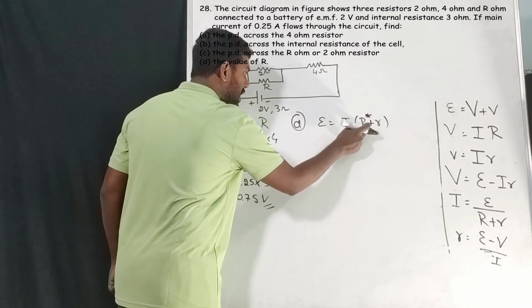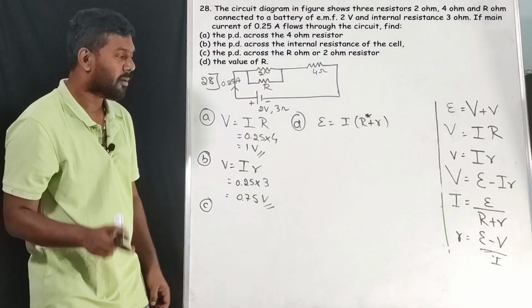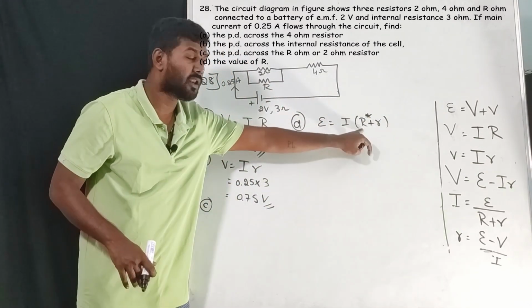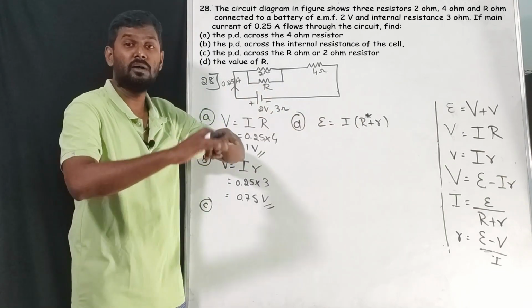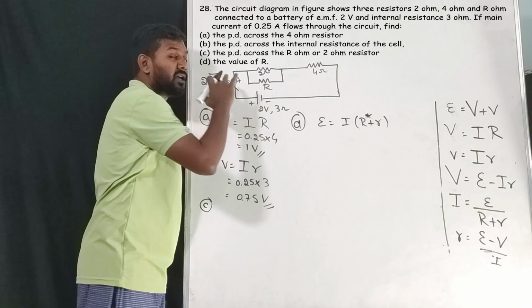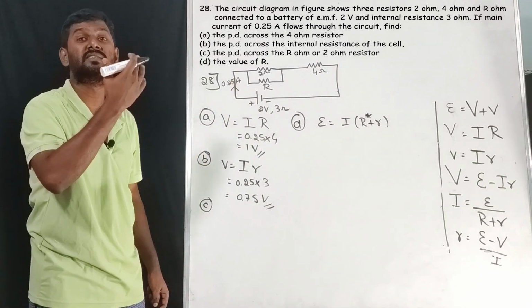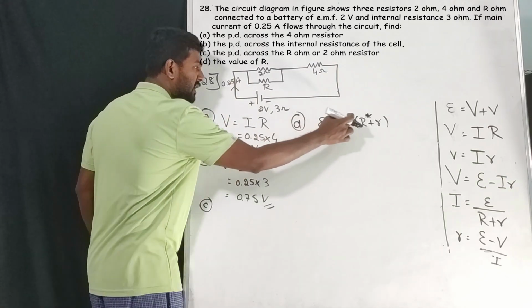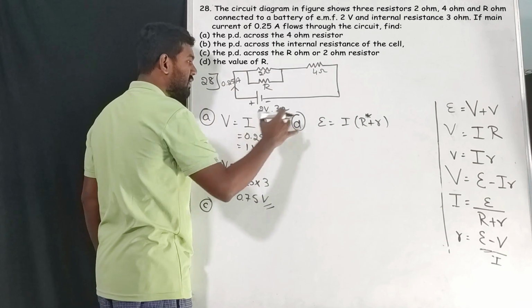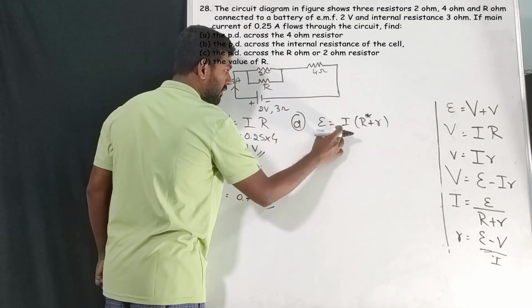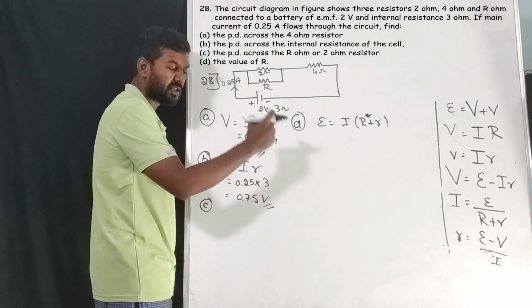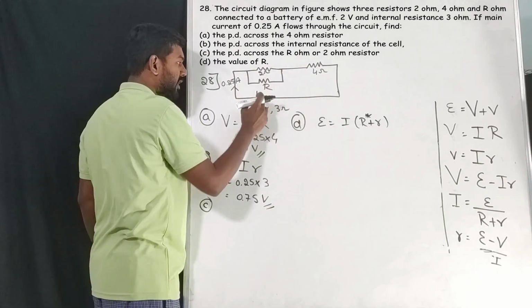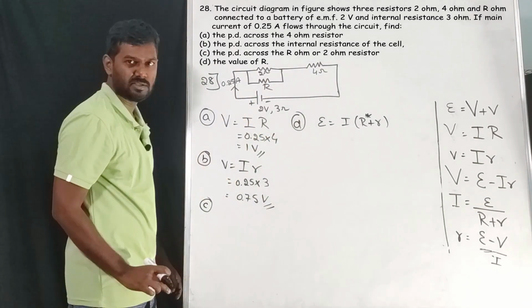This R is not the value of this resistor, correct? Whenever we use capital R in the formula, that doesn't mean this value. That means the complete resistance of the circuit. Whatever value we get for R is not the value of this R, it is the complete resistance of the circuit except the internal resistance, correct?